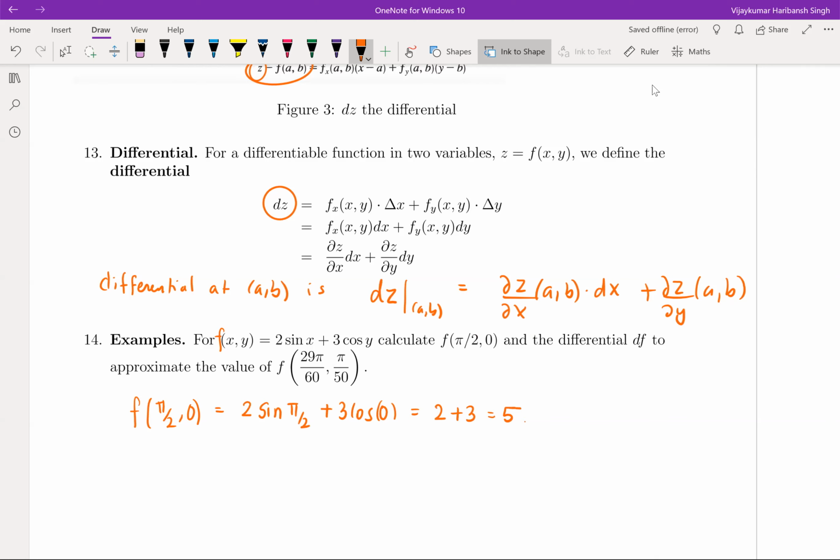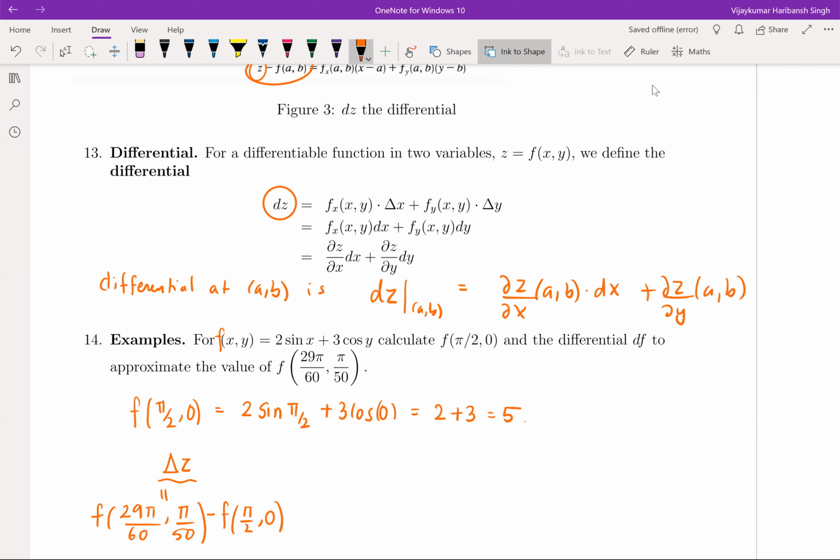Now, delta z is the approximation for your function. So this is your f(29pi/60, pi/50) minus f(pi/2, 0).